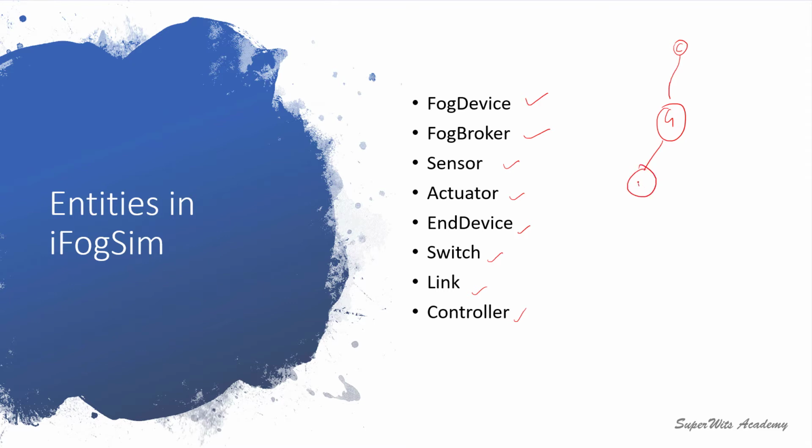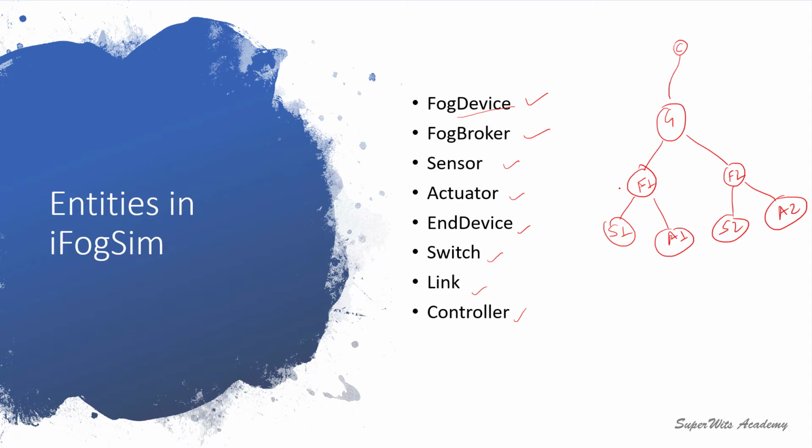That gateway is connected to fog 1 and then to fog 2, and these fog devices are further connected to sensor 1 and actuator 1, then sensor 2 and actuator 2, right? So whenever we make the interaction within this network through the sensors, fog devices, and the actuators, these entities are going to work for that.